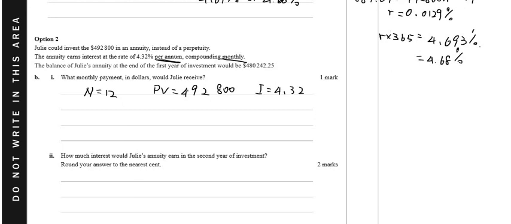And the sign of your present value depends on whose account you are taking reference to. If you want to say that Julie has put this money into her annuity account, then in regard to her annuity account, this is the amount of money that it received in the present. Then the PMT, which is the money that Julie received, will go to her other account.